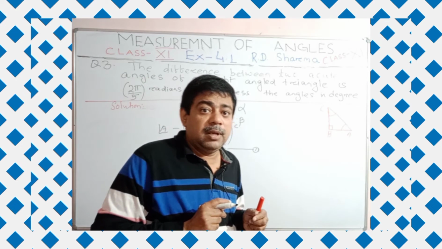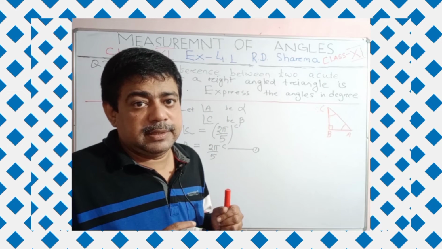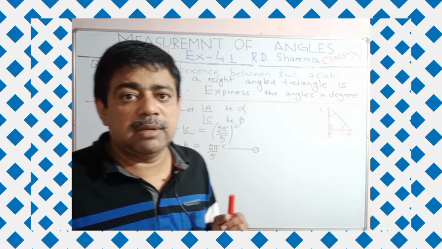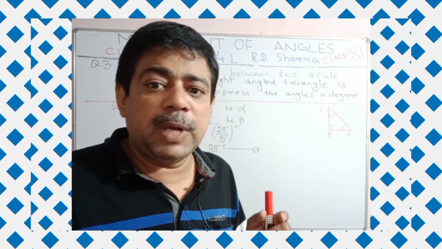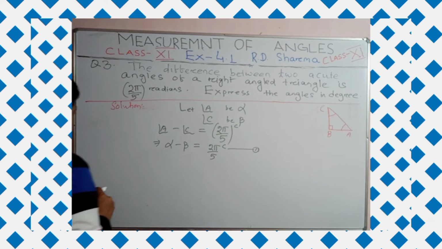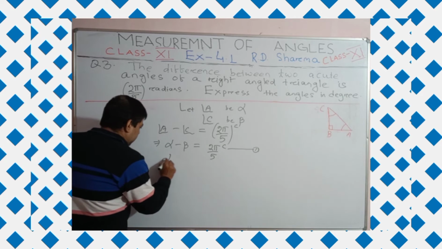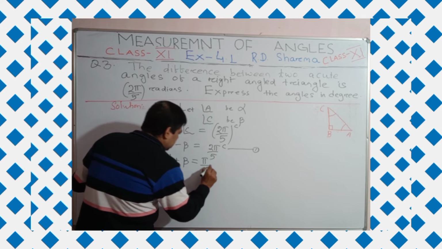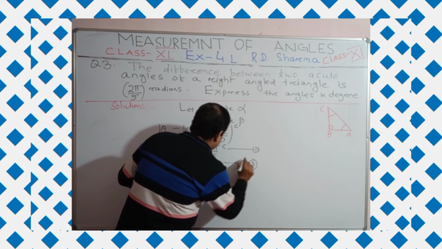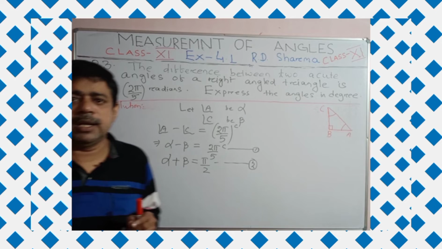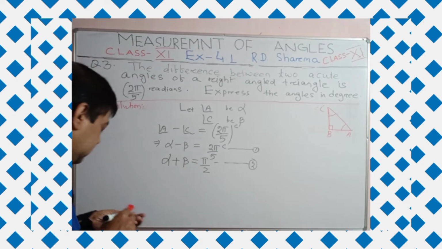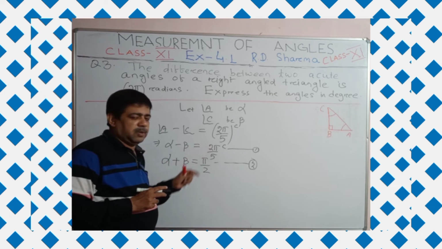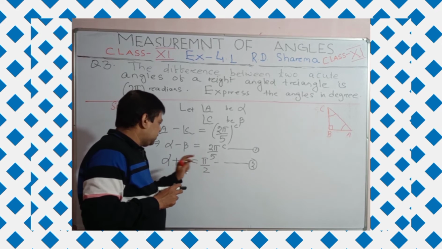And the sum of the two acute angles of the right angle triangle is 90 degree or pi by 2. So the sum of the two acute angles, alpha plus beta, is 90 degree, which means pi upon 2. So here we get alpha minus beta is 2 pi upon 5 radian, and alpha plus beta is pi by 2 radian.